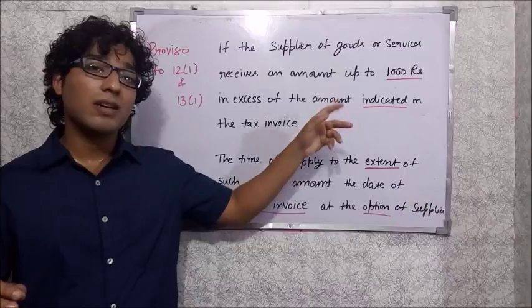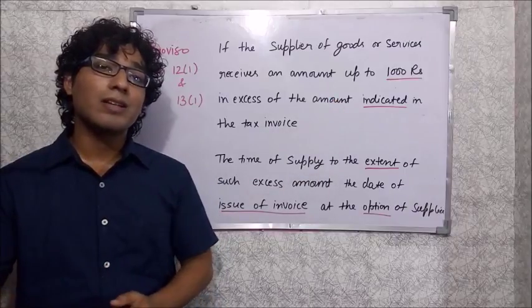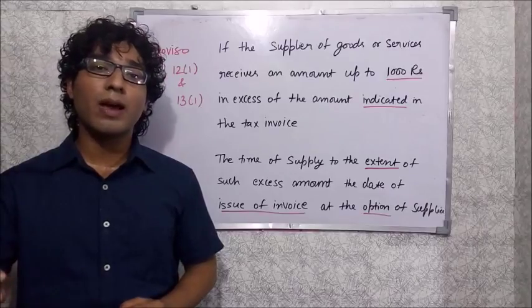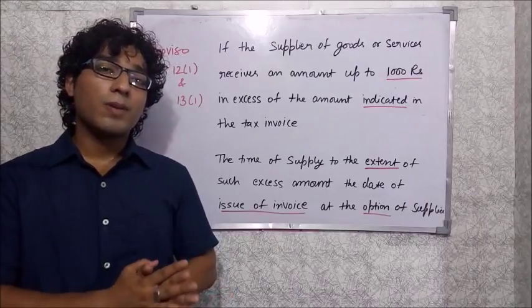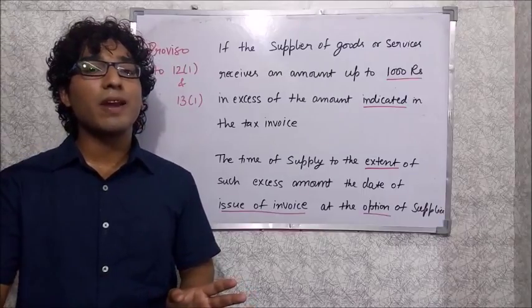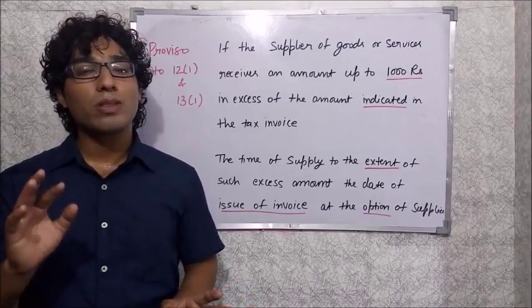So there are two conditions. First, the advance should be received against the invoice issued by the supplier. So first of all, the supplier needs to issue the invoice, and the advance in respect of that invoice should be up to 1000 rupees.